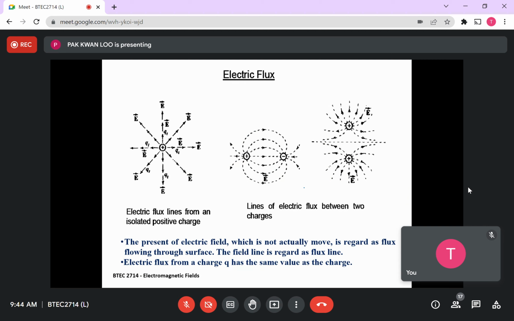So, flux lines. When we present electric field, the electric field that we studied here is always static, not dynamic, so it never changes.